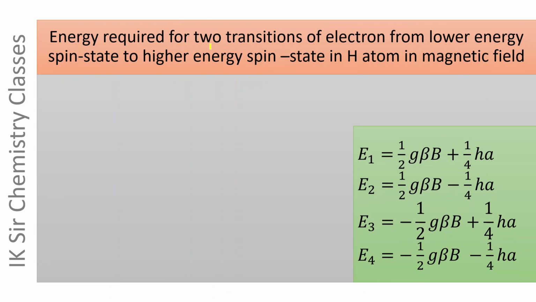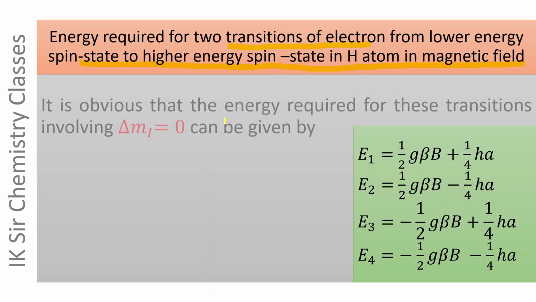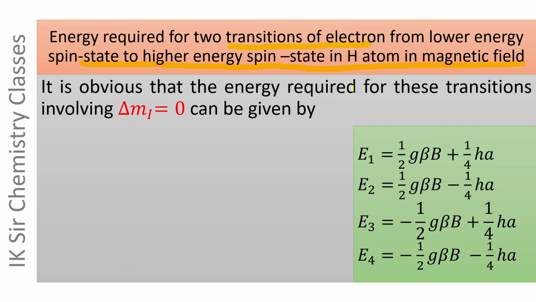Energy required for two transitions of electron from lower energy spin state to higher energy spin state in hydrogen atom in magnetic field. We have already seen that two different amounts of energies are required, delta E1 and delta E2. It is obvious that the energy required for these transitions involving delta Mi is equal to 0 can be given by delta E1.